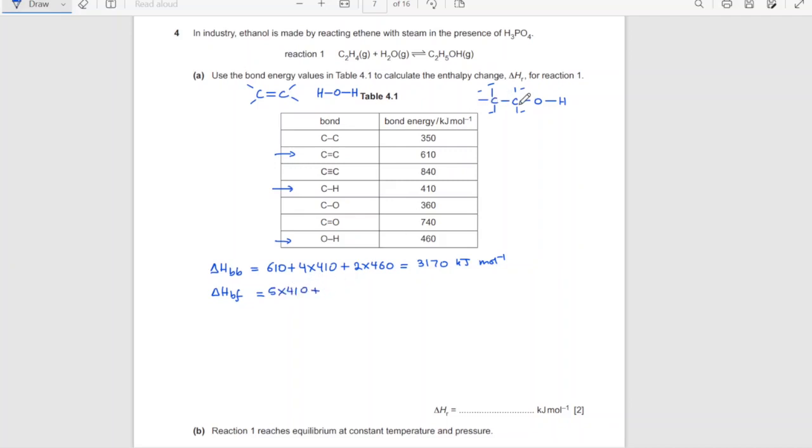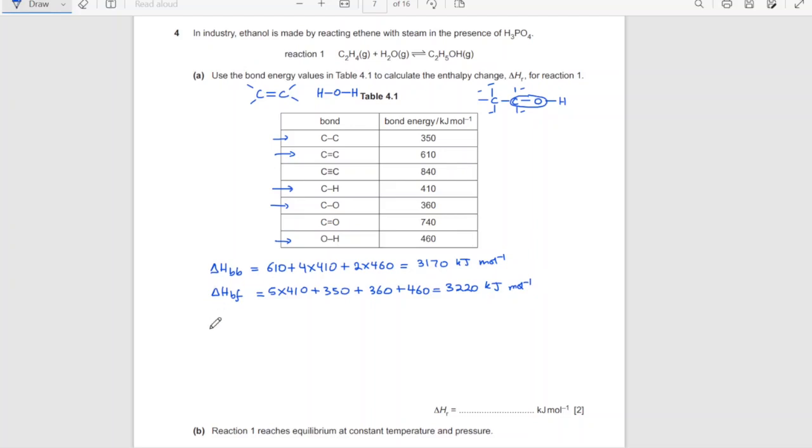Plus we have the carbon-carbon single bond, that is 350. So we write that down. Plus we have the carbon-oxygen single bond over here. So that's going to be 360. Plus we have the O-H at the very end, so that's going to be 460. So this all turns out to be 3220 kilojoules per mole.